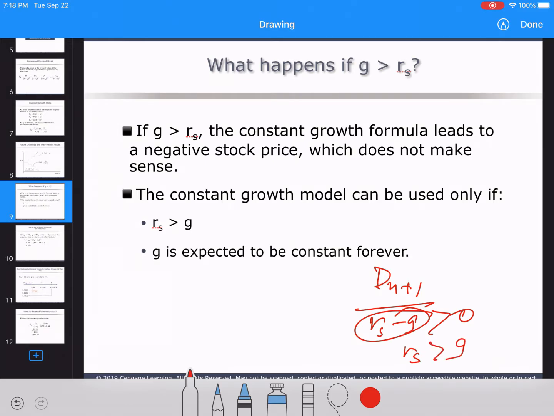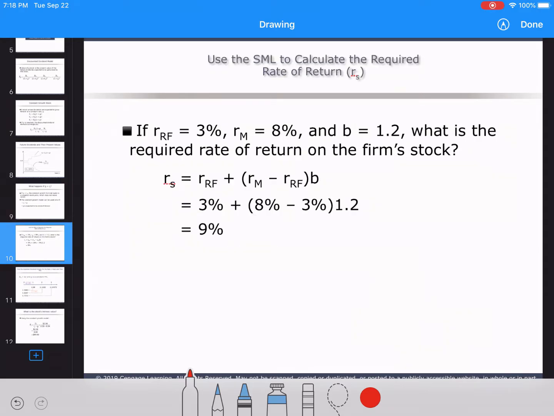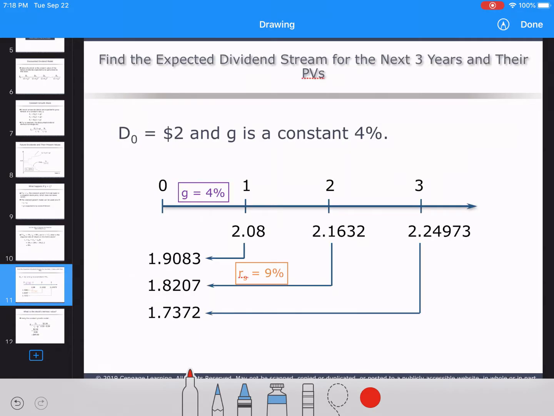If it is the other way, then it becomes negative and it doesn't make sense. So you know how to calculate the SML. Using the SML, this gives you 9%. So now that we know the discount rate, r sub s, we are going to apply this.